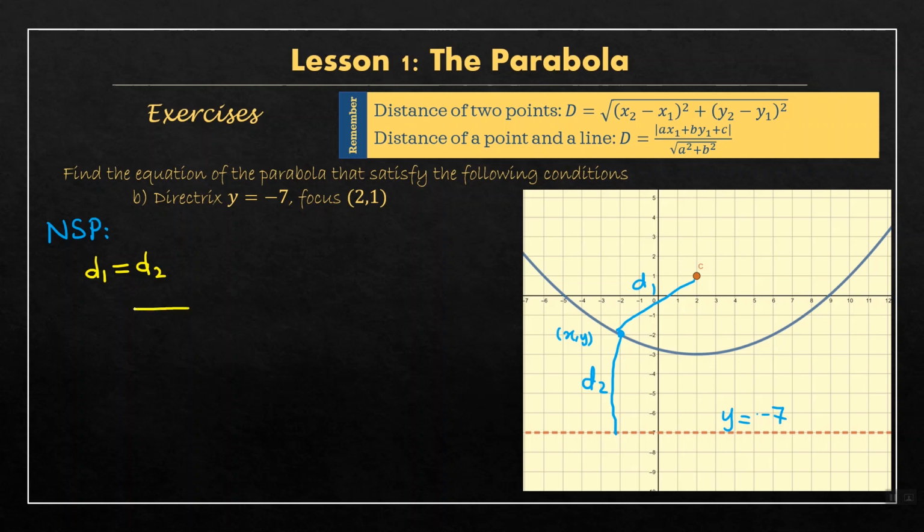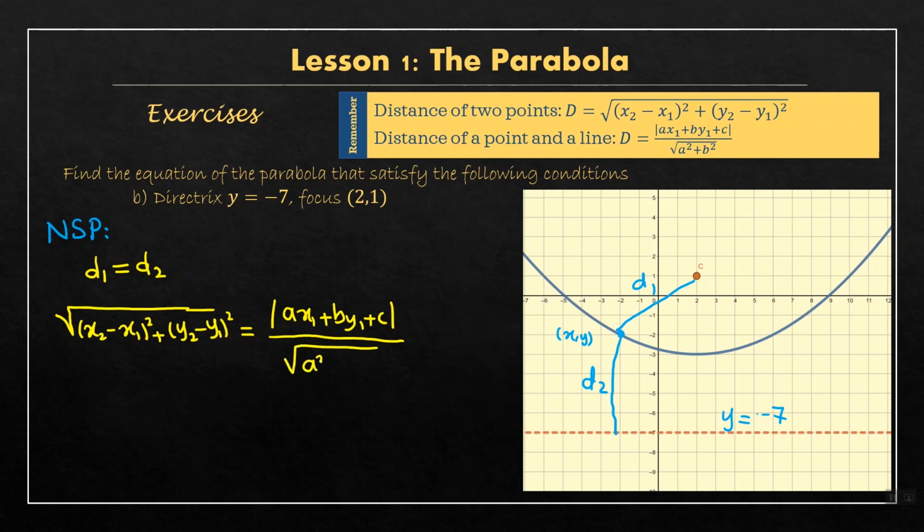So d1 is the square root of (x2 minus x1) all squared plus (y2 minus y1) all squared. This is the distance between 2 points, equals the distance between a point and a line, which is the modulus of ax1 plus by1 plus c, over the root of a squared plus b squared.